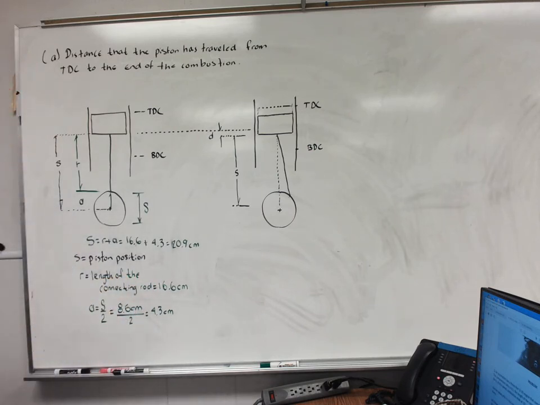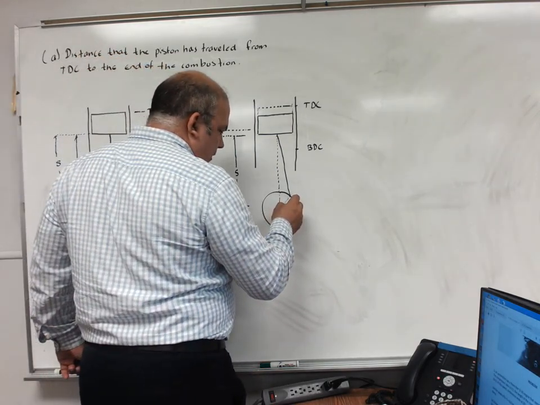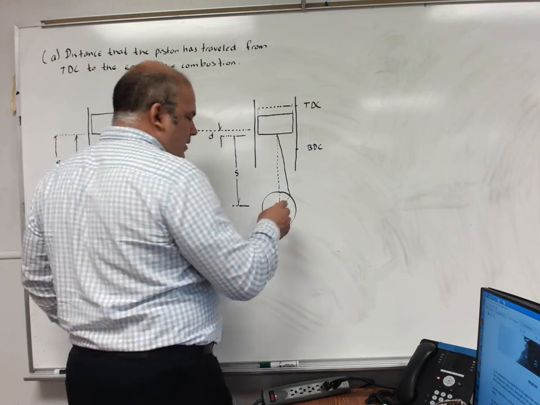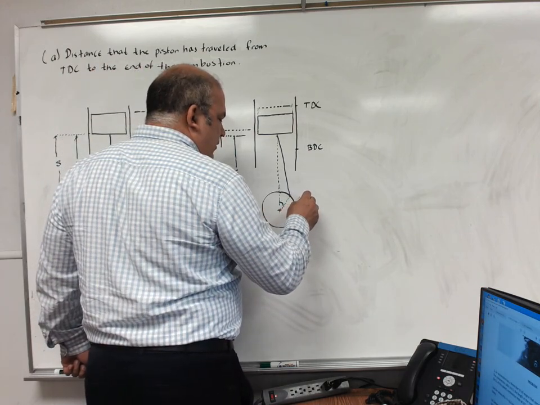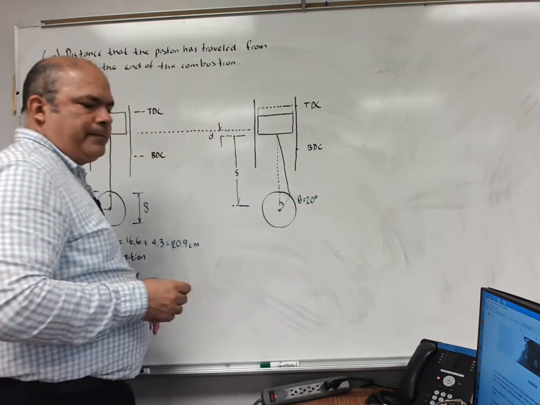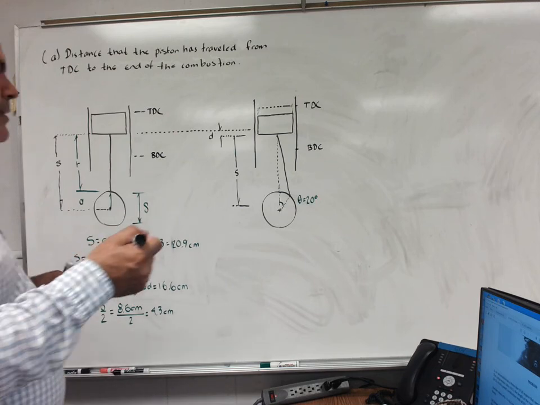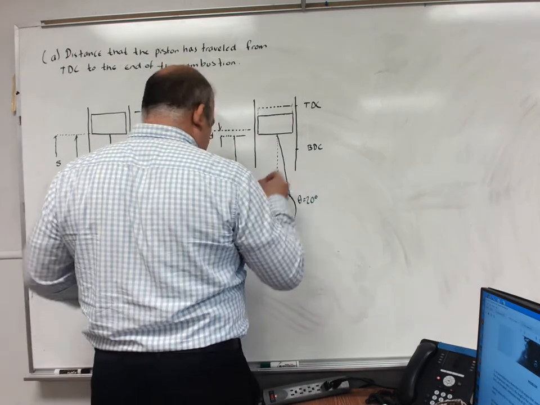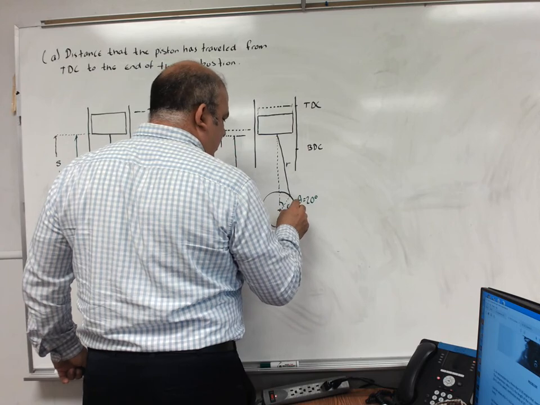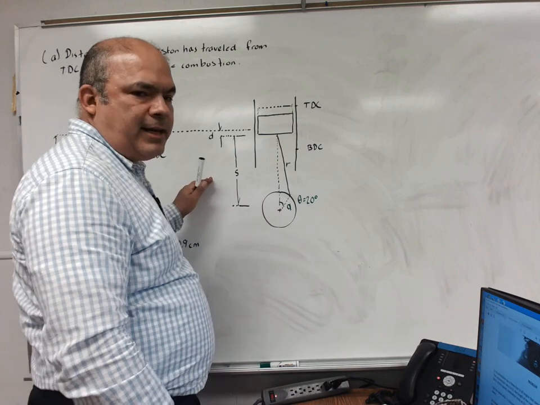Now we know from the concepts that we reviewed and also from the text here, this angle of the crankshaft theta is equal to 20 degrees. Okay. This is R and A. Well, we cannot use this R and A to find this S directly.